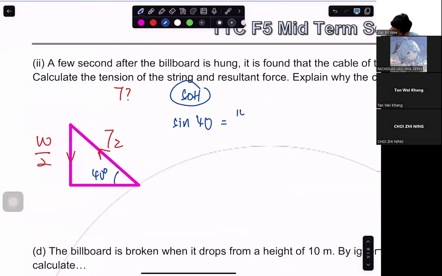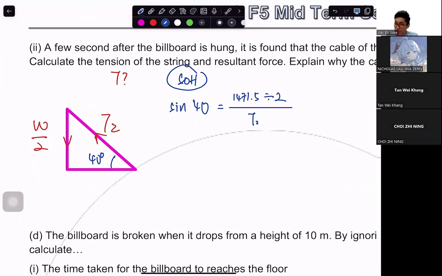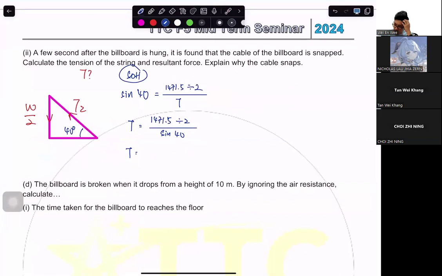So we have 1471.5 divided by 2, that's the opposite, over the hypotenuse, which is T2. Just T can also, because both T's are the same. Okay, both T are the same. So you do T equals 1471.5 divided by 2, divided by sine 40. Okay, so you check how much you get. You do the top first, and then only you divide by sine 40.